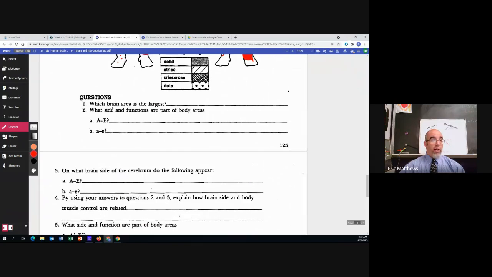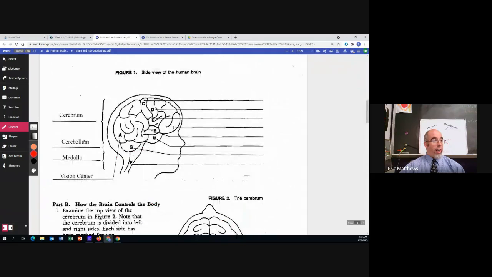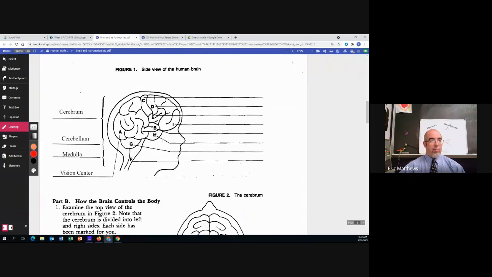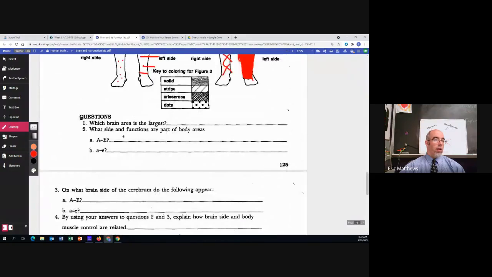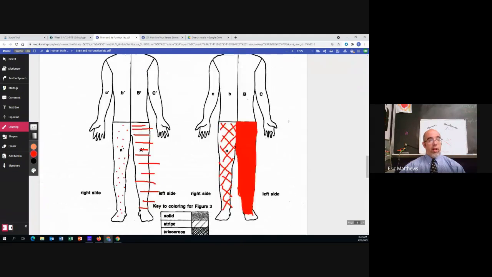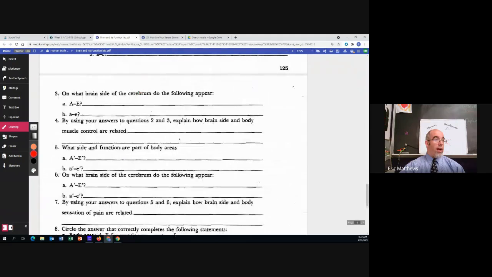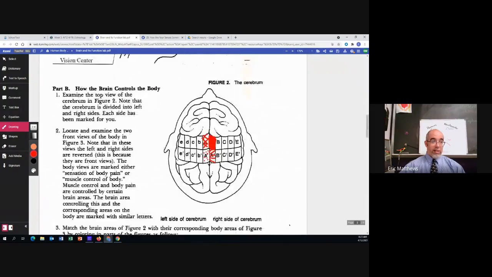Which brain area is the largest? Well, check figure 1. That's why we labeled them. What side and function? Well, that's coming up here to the diagram. On what brain side of the cerebrum do the following appear? Come up to the brain sides, left or right.